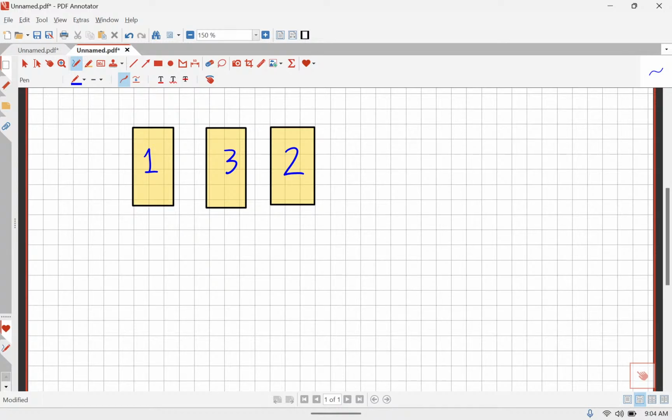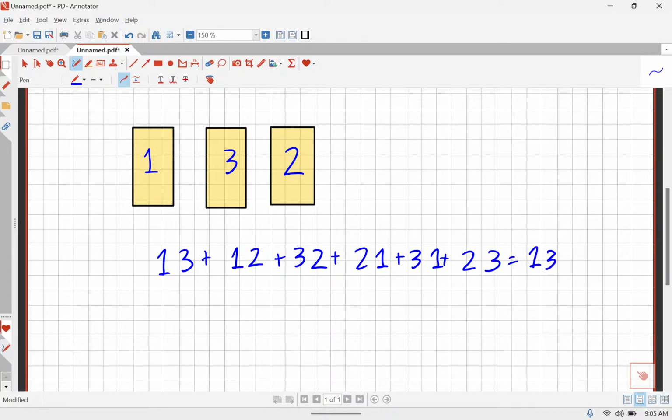Yep, you could make a 13. What else? 12, 32, 21, 31, 23. I think that's all of them. And if you add all those numbers up, you get 132. Pretty spiffy.